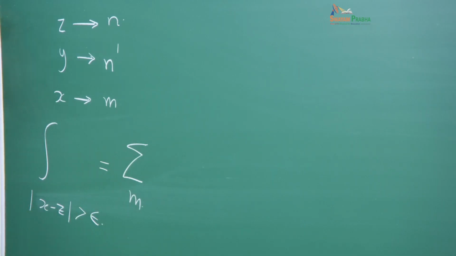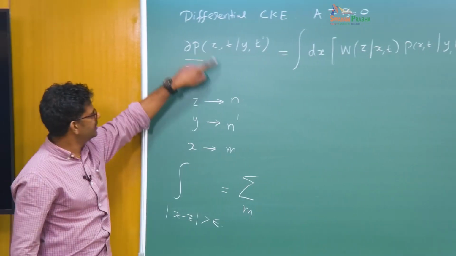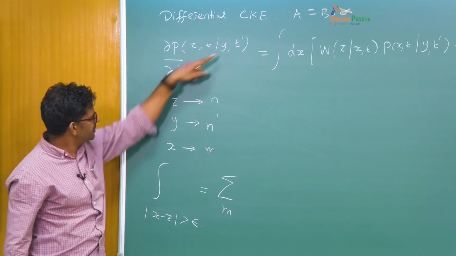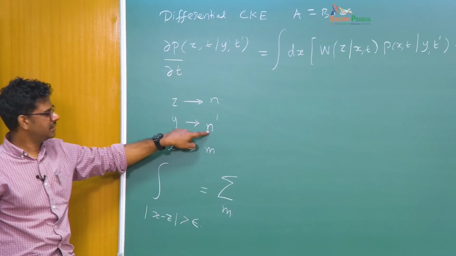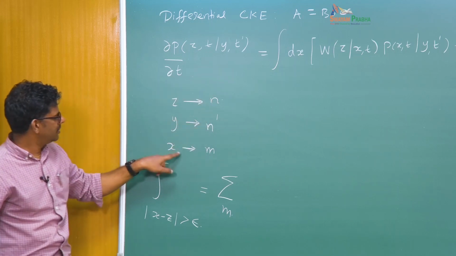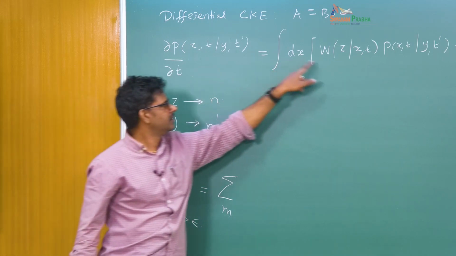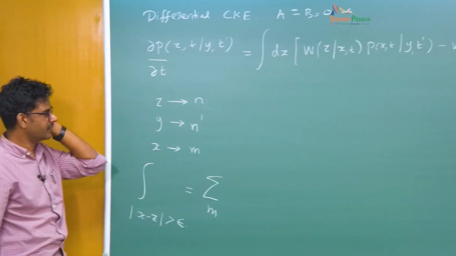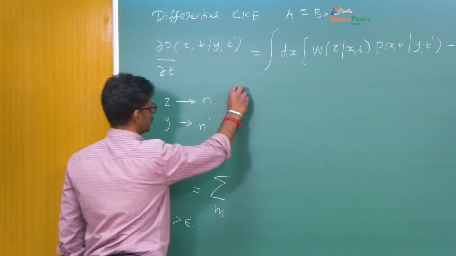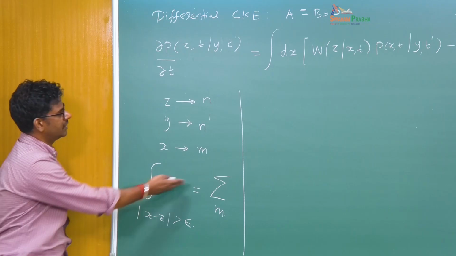So z is now n, y is now n prime, the conditioning state, and the intermediate state x is replaced with m. And of course the integral is replaced with the summation.